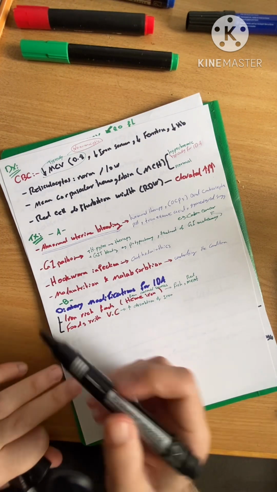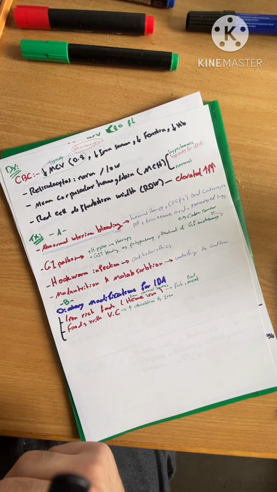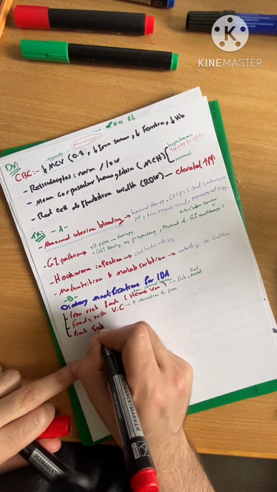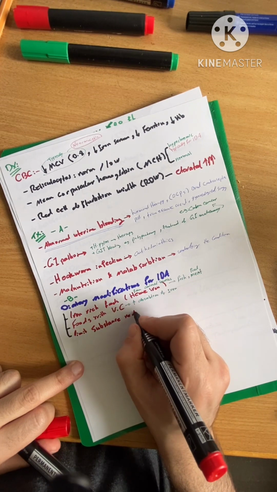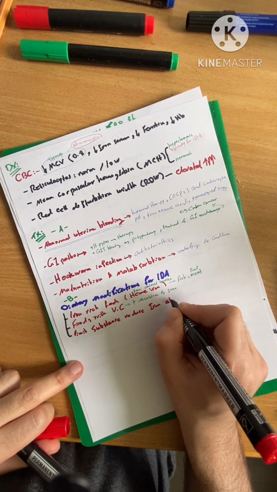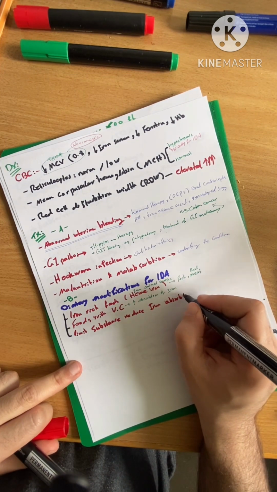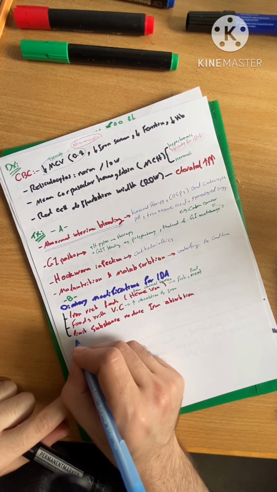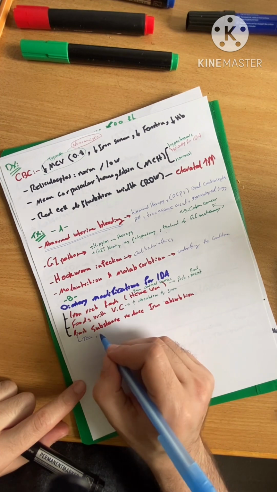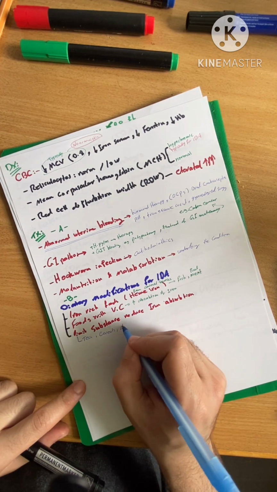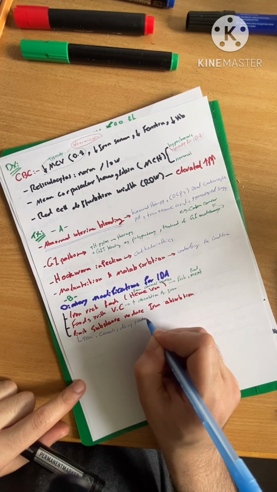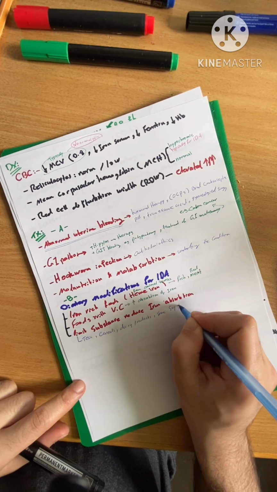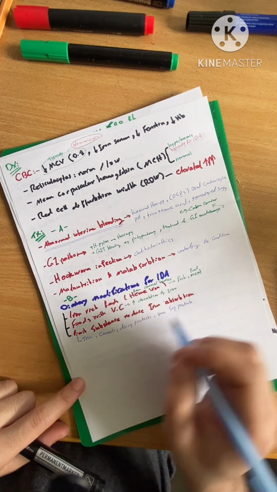Third one, we should limit substances that reduce iron absorption, for example tea, cereals, dairy products, some soy products, and so on.